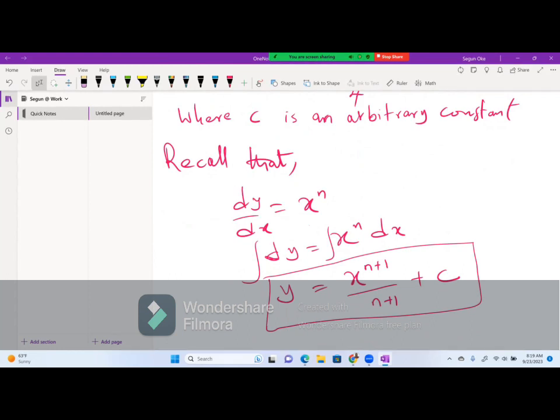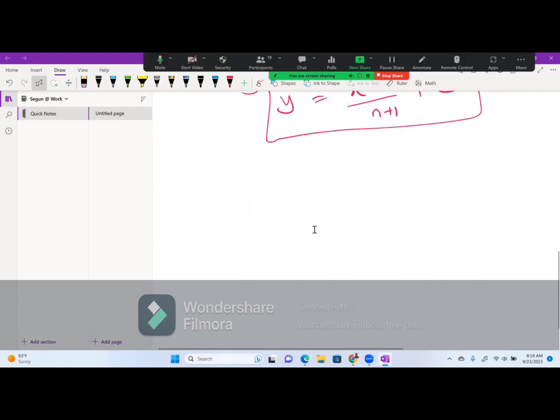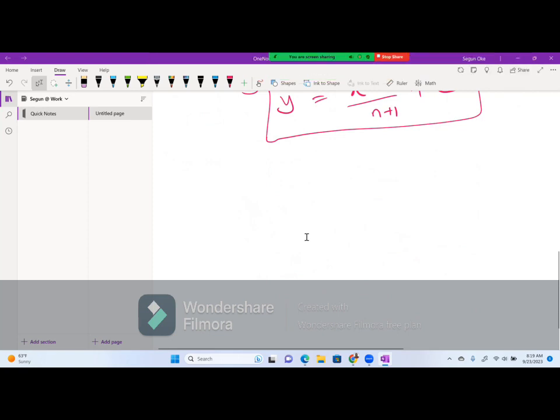Yes. Okay, so now let's go back to our problem for today. One of the topics for today is the first order linear differential equation. Recall, we know the meaning of order now.